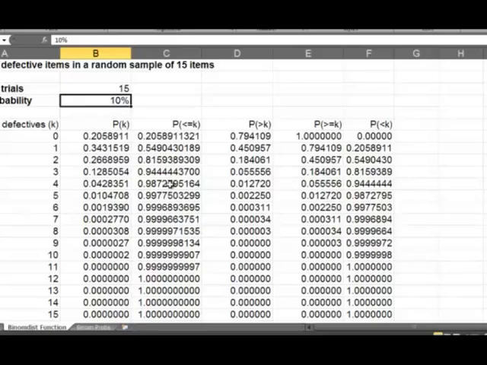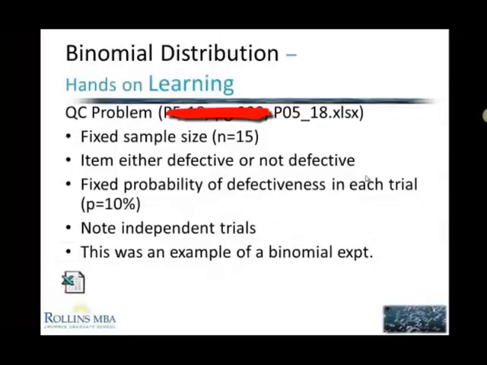Defect probabilities here, they can be used to model customer satisfaction, things of that nature. So if we know the total sample size and the defect probability, or the probability of whatever we're looking for, satisfaction rates or things of that nature, this can be a very interesting function that can be used to model these things.